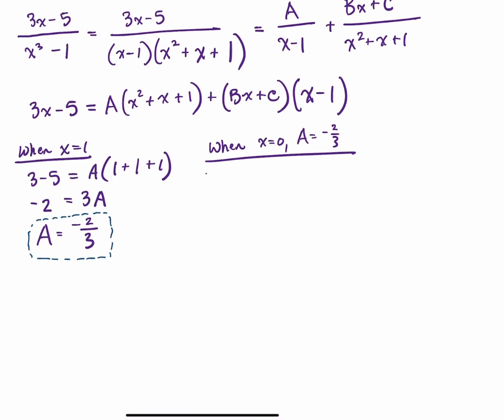So this will be 3 times 0 minus 5 equals negative 2/3 times 0 plus 0 plus 1, so multiplied by 1, plus B times 0, so that'll be 0 plus C, times 0 minus 1, so times a negative 1.